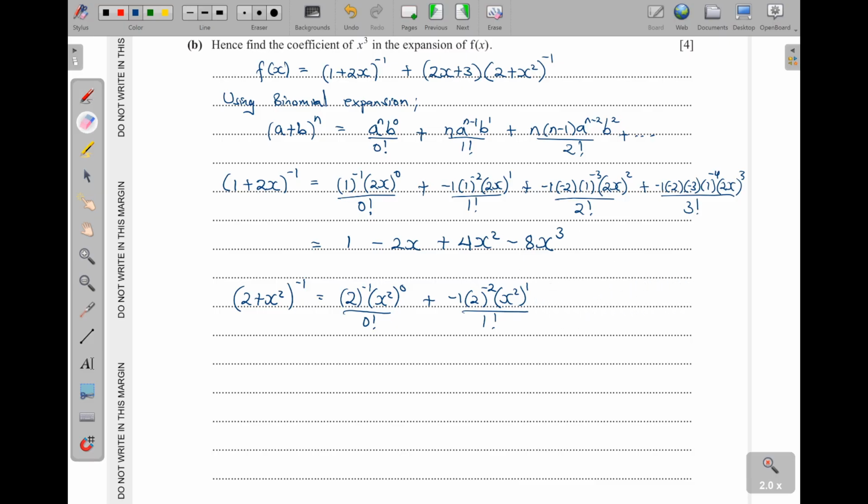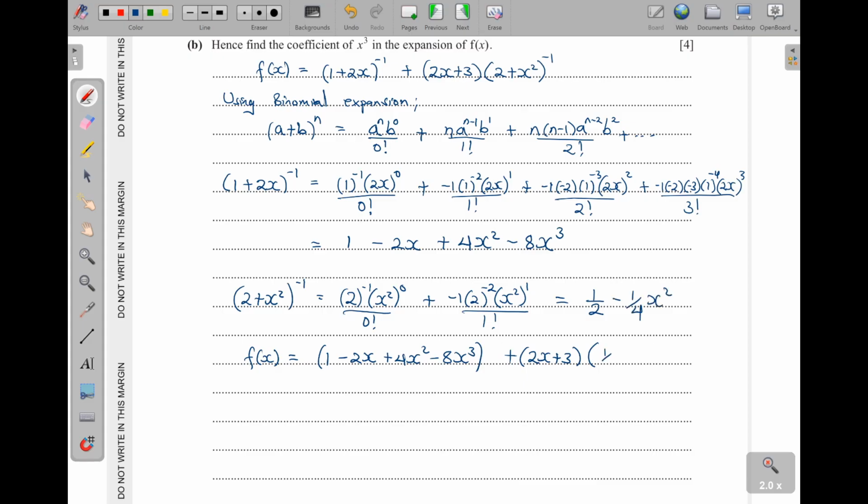So that's enough. Now I go back to my f of x. So my f of x is now going to be 1 minus 2x plus 4x squared minus 8x cubed. Then this one is multiplying nothing, then plus 2x plus 3 has to multiply. By the way, this one here is giving me a half, 2 power negative 1 is a half, then minus a quarter x squared.